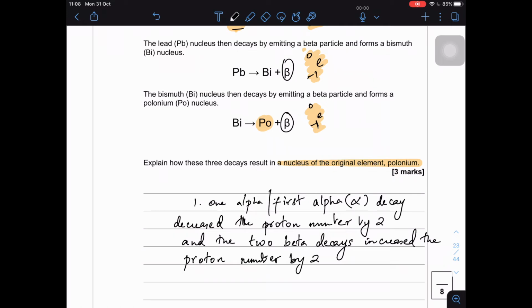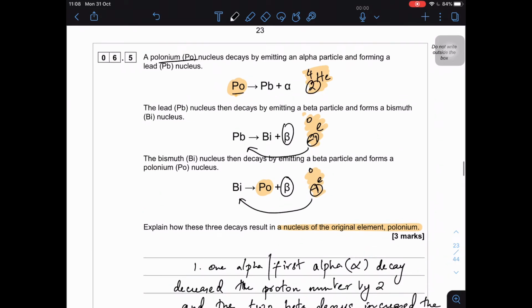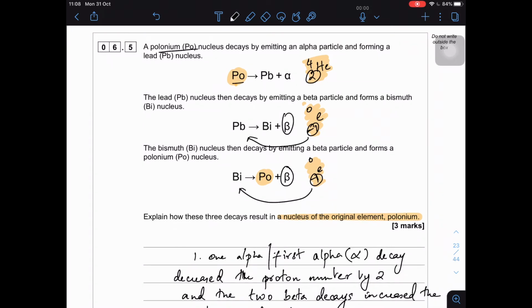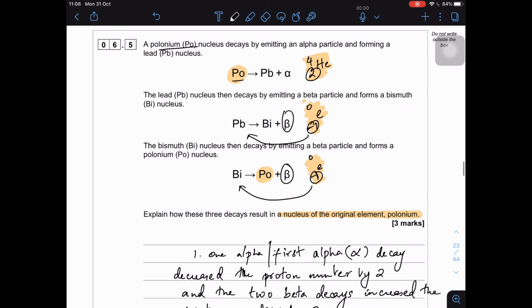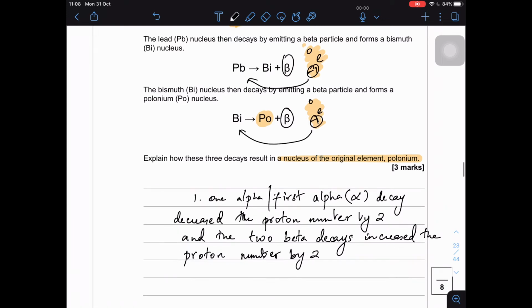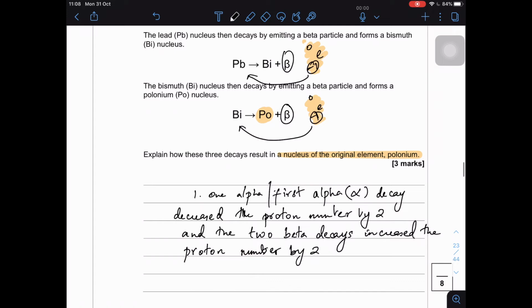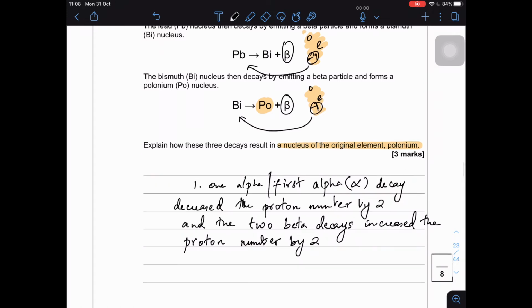Remember, minus 1 means it's increasing here, and the plus 2 over there means it's decreasing because it's giving out 2. I know it's a bit confusing, but just remember it's the opposite. So plus 2 means it's decreasing by 2, and minus 1 plus minus 1, which is minus 2, means it's increasing the proton number by 2.